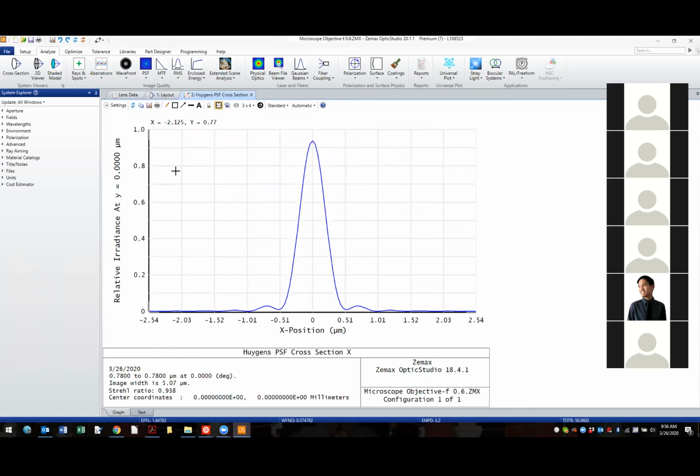All right, now one thing we could ask is: is this in the right place? We said before that we should get a 0 when y equals 0.6 lambda over the numerical aperture. So let's just take a look. Our wavelength was 780 nanometers.